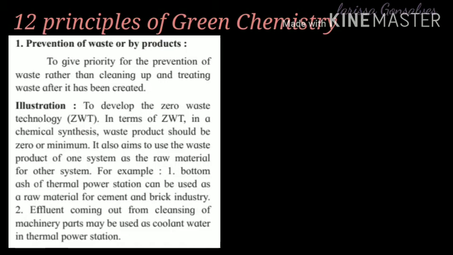Also, the effluents which come out from the cleansing of the machinery parts can be used as coolant water in thermal power station. In both the examples, we saw that the waste material of one system is used as a raw material for another system.